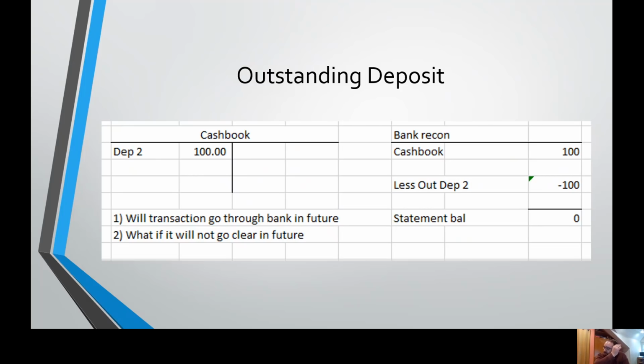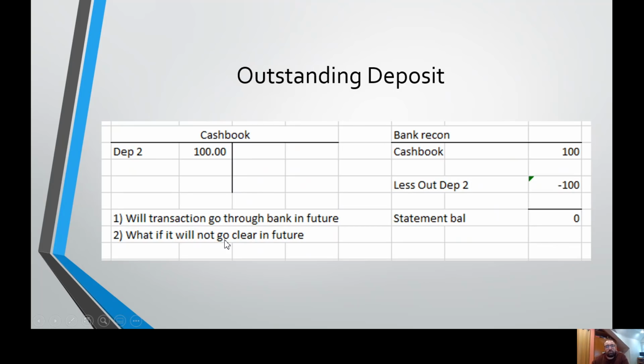So it's add outstanding checks and deduct outstanding deposits. So if we look at our questions, question 1, will the transaction go through bank in future? At this point, there's no reason to believe that it won't, and therefore we enter it on our bank reconciliation. Question 2 says, what if it will not go clear in future?